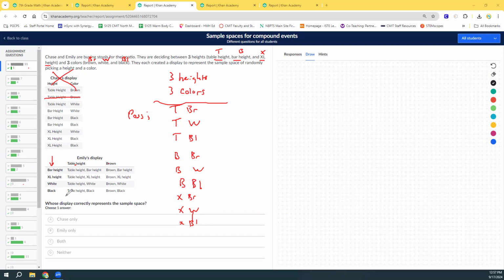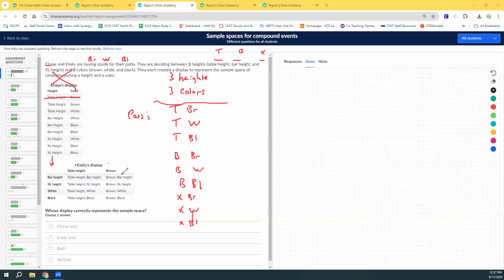So it's nice and organized. So let's see what she messed up here. So bar height, table height, bar height, brown bar height. But what about, this doesn't even make sense. Bar height, table height. Table height and bar height.